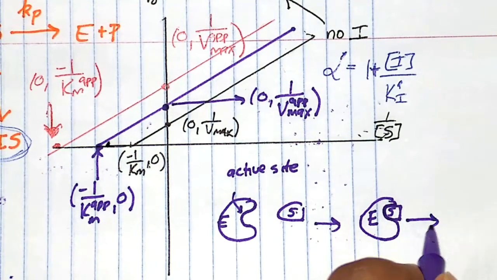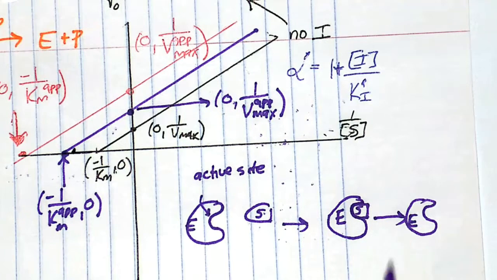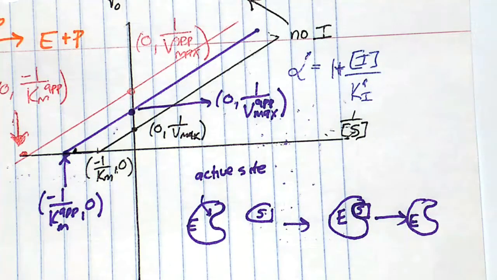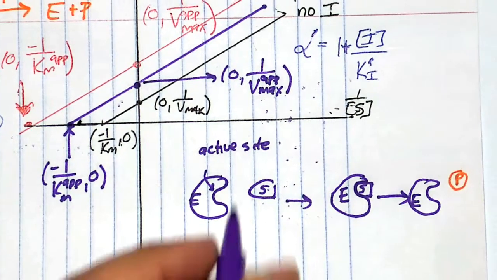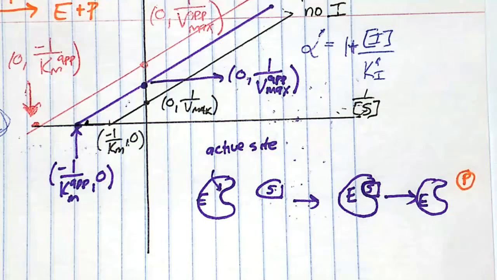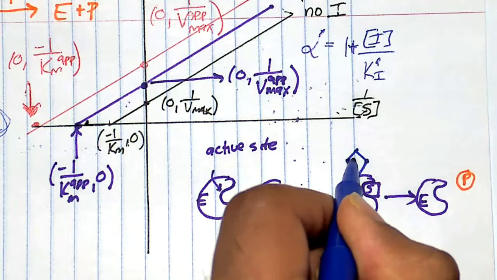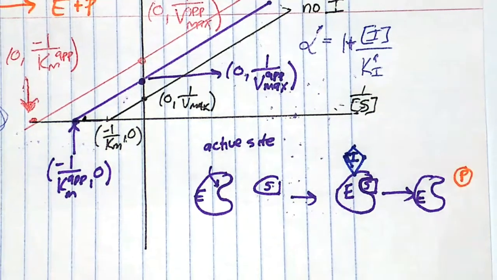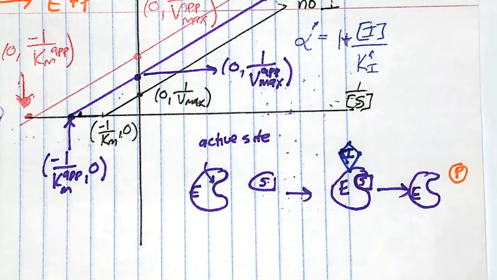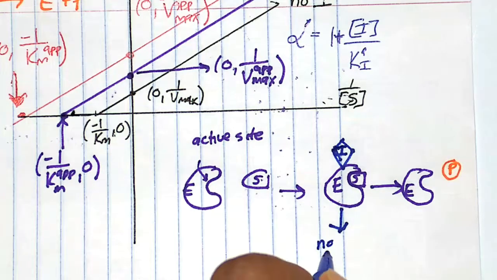Unfortunately, we don't get a return back to our free enzyme and our active site ready to get recycled again, and our product P. After all of that chemistry, this can also be a binding site somewhere outside the enzyme's active site. We could have EIS, and if you have EIS, that means you'll have no product.